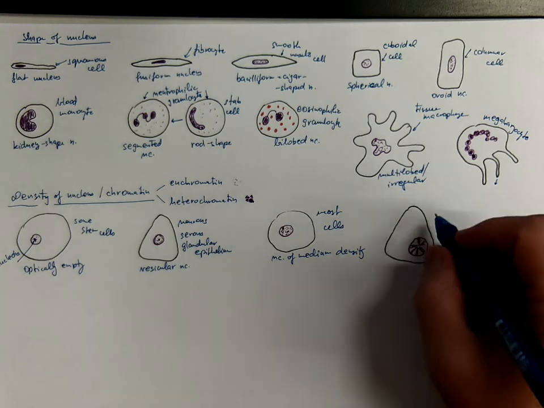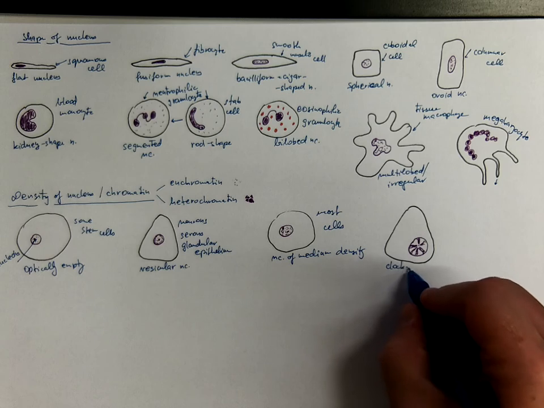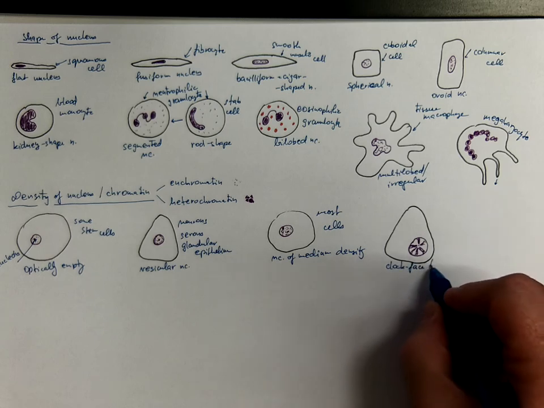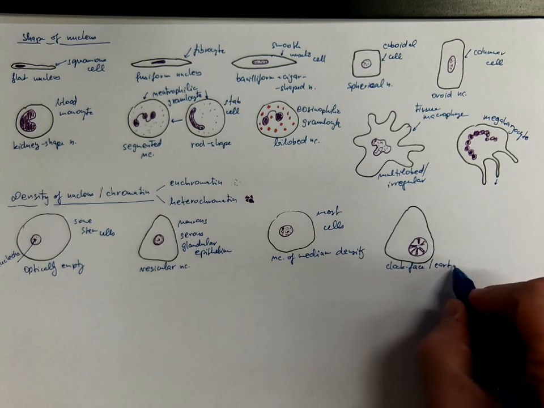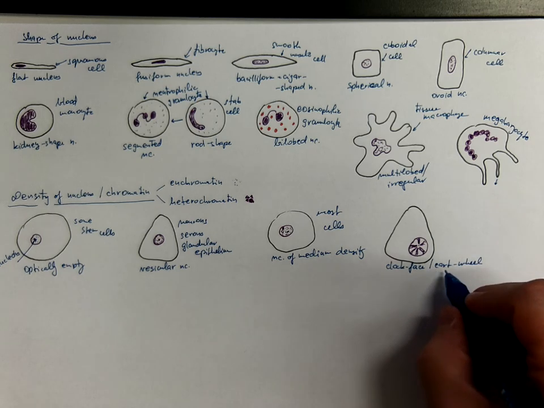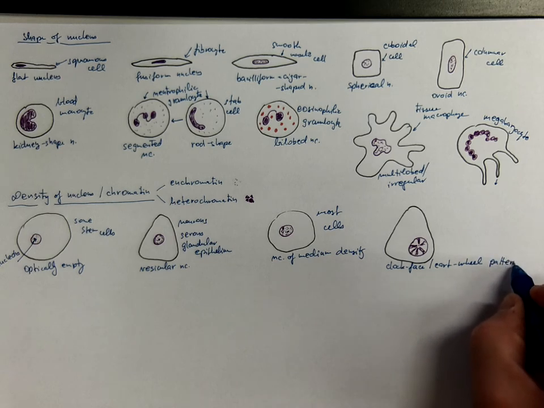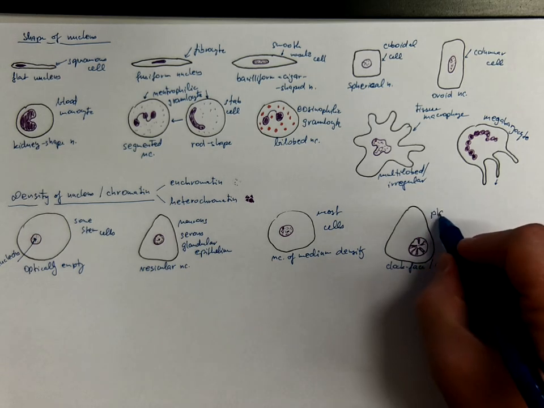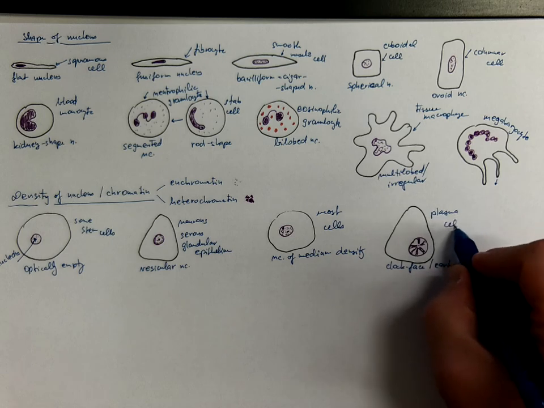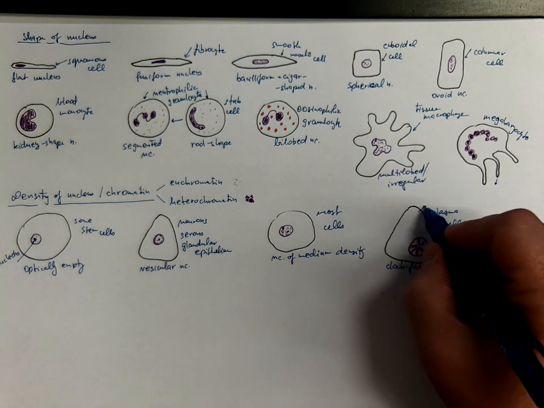This is in plasma cells, so you call it clock face or cartwheel pattern. And this occurs in plasma cells, which are cells of connective tissues that are producing antibodies, immunoglobulins.